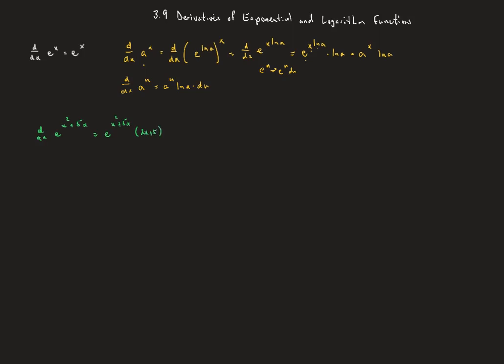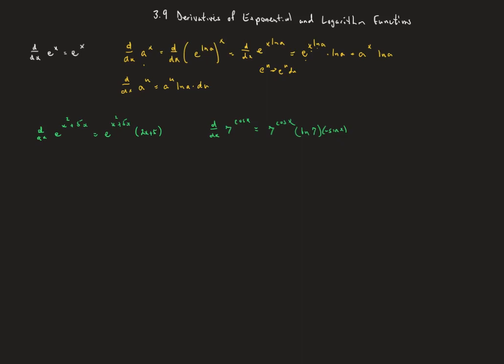Granted, that's not pretty, but it's still nicer than, say, taking the derivative of maybe 7 raised to the cosine x, which will be the same exponential back, just like we did with e, but now we have to add in this annoying natural log of 7, and then times the derivative of cosine of x, which is negative sine of x. So even more irritating.